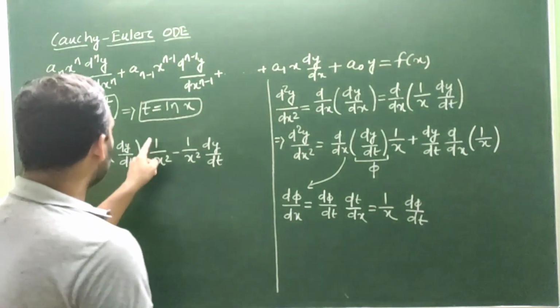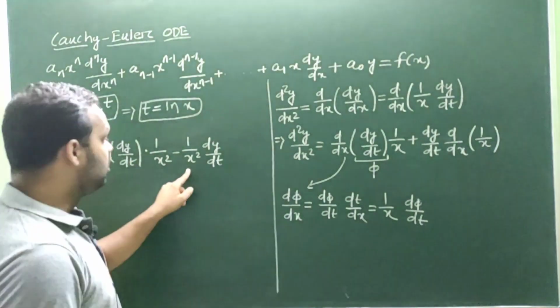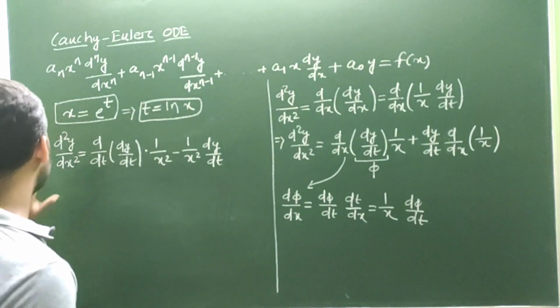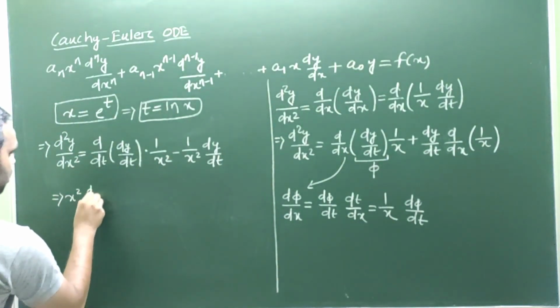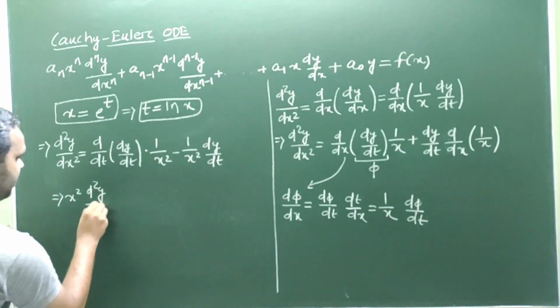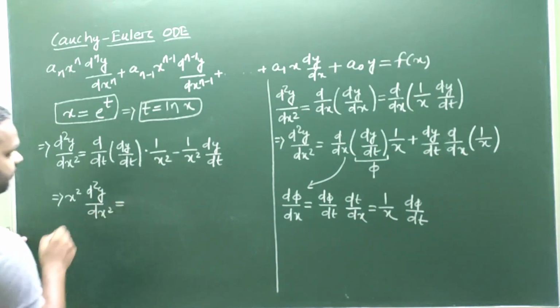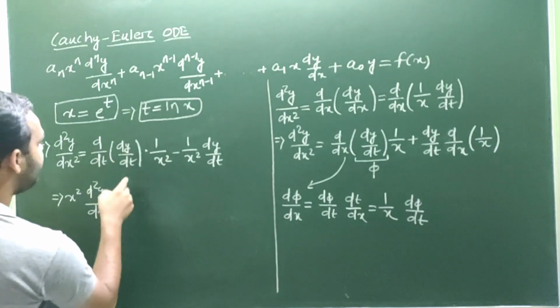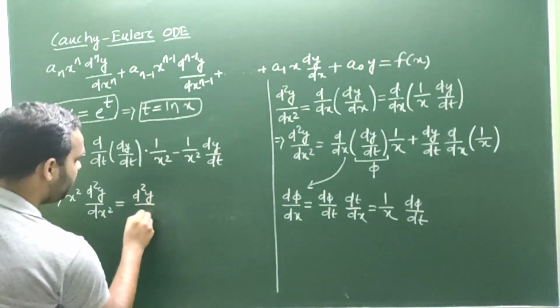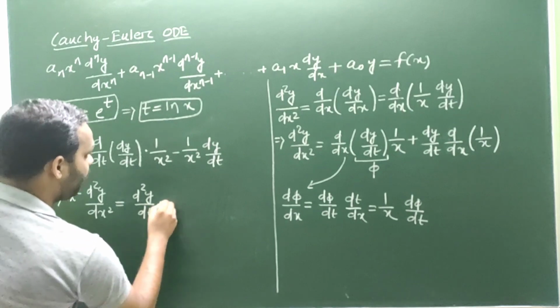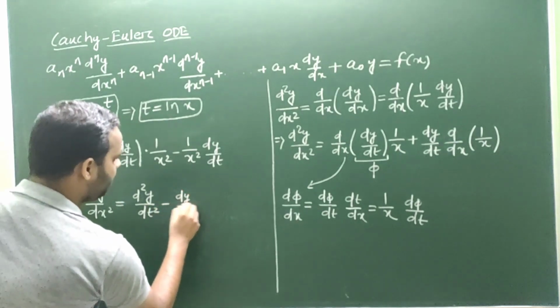Now here 1 by x square and here 1 by x square. So if you take this x square to the LHS, you can write x square d square y by dx square as the double derivative of y with respect to t, d square y by dt square, minus dy by dt.